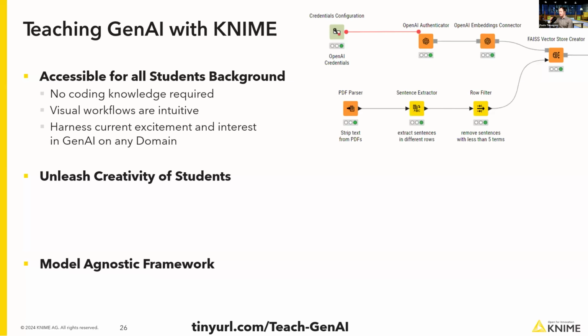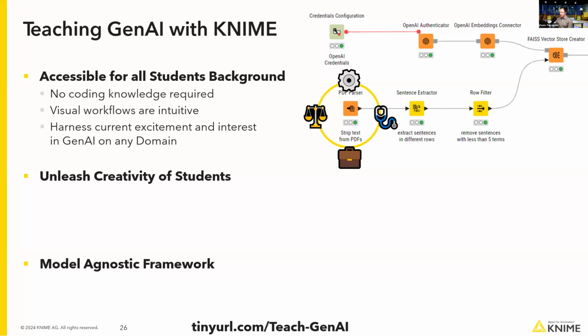For example, here you're building a vector store by reading a PDF, and you can really customize the input data for the PDF, whether it's for healthcare students, business students, law students, or engineering students.